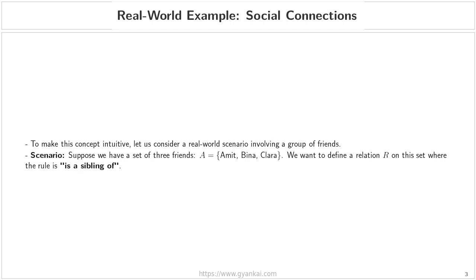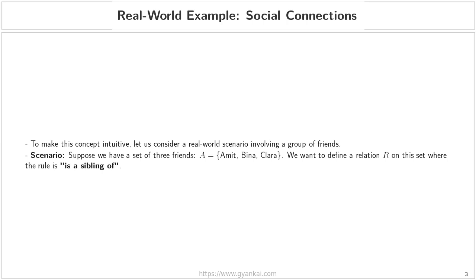Real-world example, social connections. Now that we have established the formal definition of a relation on a set, let's move away from abstract symbols and look at something more intuitive. To make this concept easier to grasp, let us consider a real-world scenario involving a group of friends. Imagine our scenario.